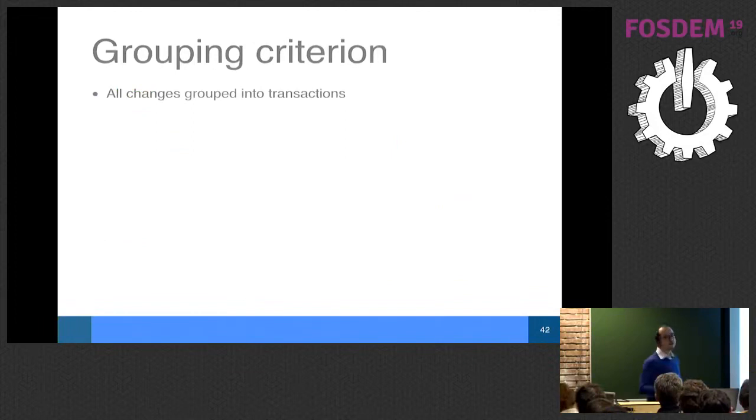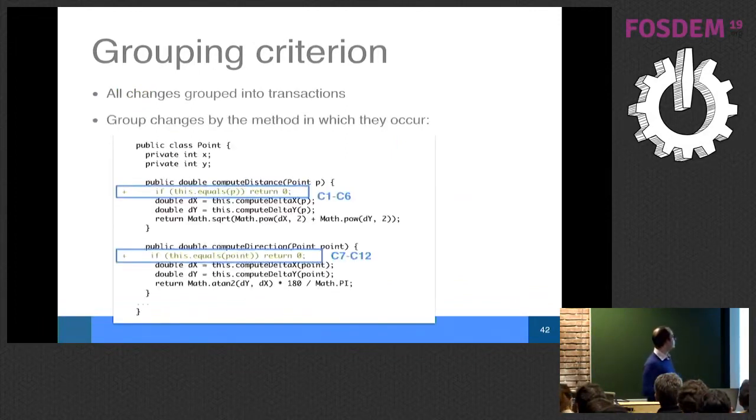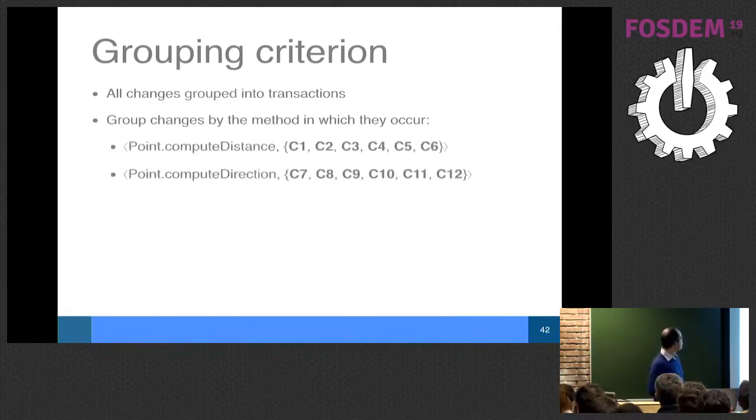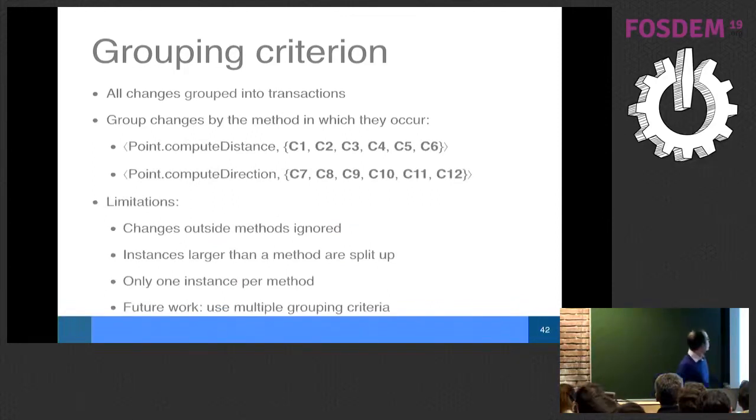Now, what is the grouping criteria? First of all, we group the changes into transactions. Actually, we group the changes based on the method in which they are. So we are going to have these 2 groups.